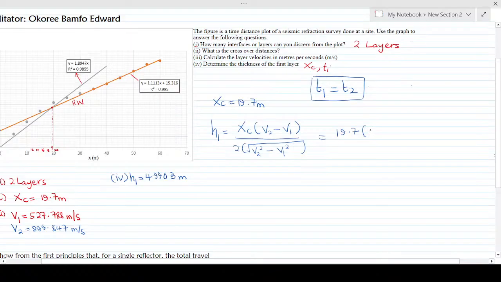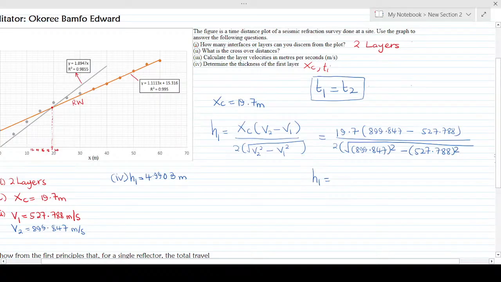We can put our parameters in: 19.7, multiplying 899.847 minus 527.788, all over 2 multiplying the square root of 899.847 squared minus 527.788 squared, and that will give us our thickness.